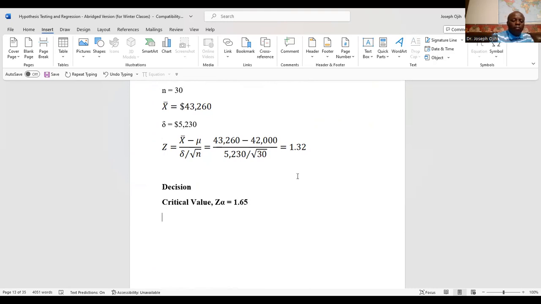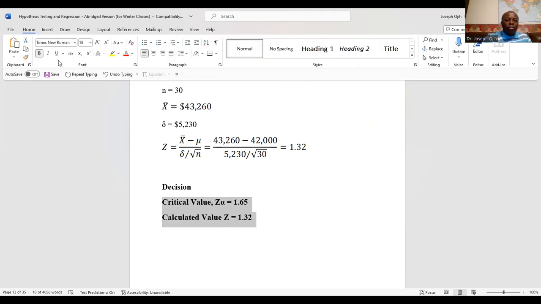The calculated value, which is just our answer Z, is 1.32. See? So to make our final decision, we make it based on these two values.